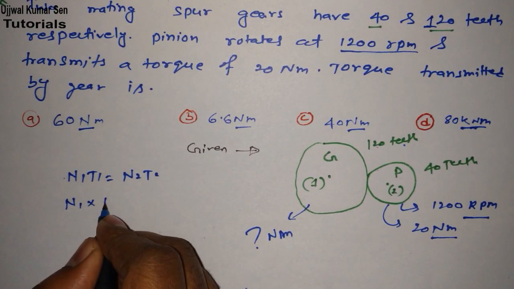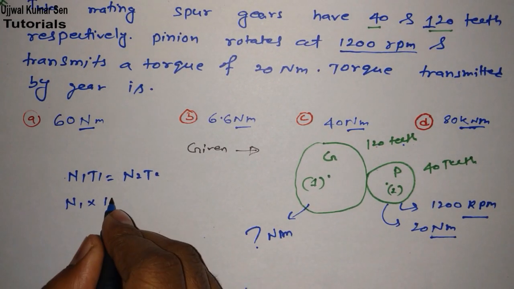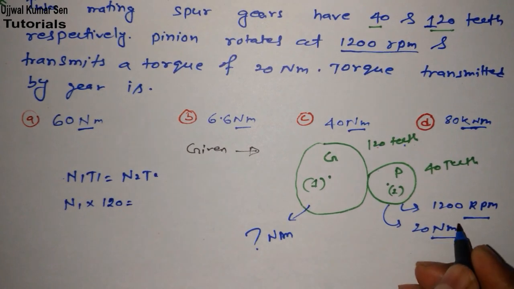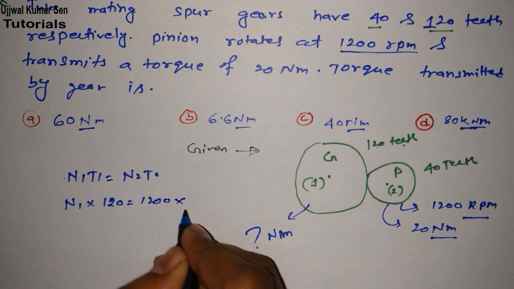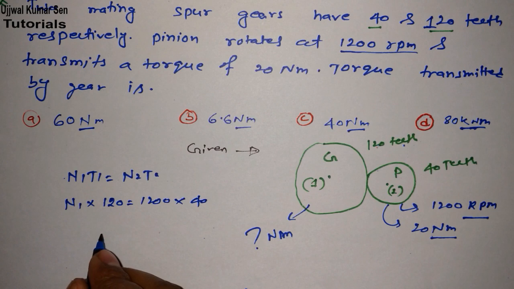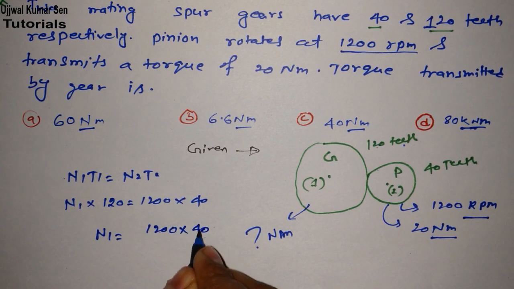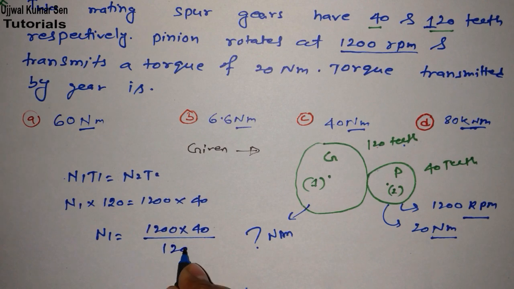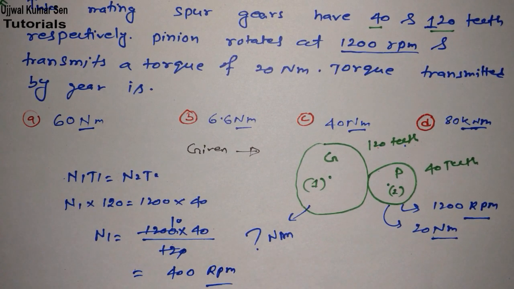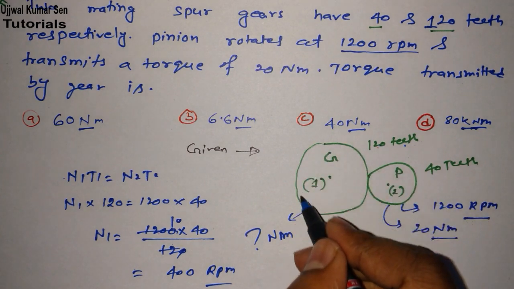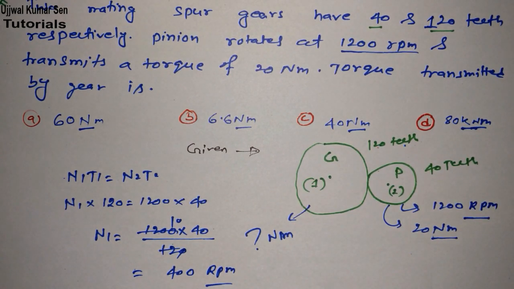T1, we know, teeth 120. N2 we know, 1200. T2 we know, 40, right? Now N1 is equal to what? 1200 multiplied by 40 divided by 120. So it's 400 rpm, revolutions per minute. So this gear is revolving at 400 rpm.